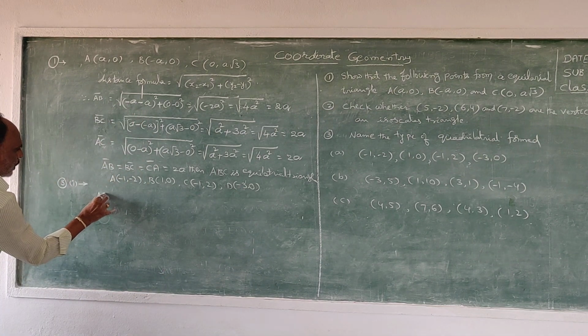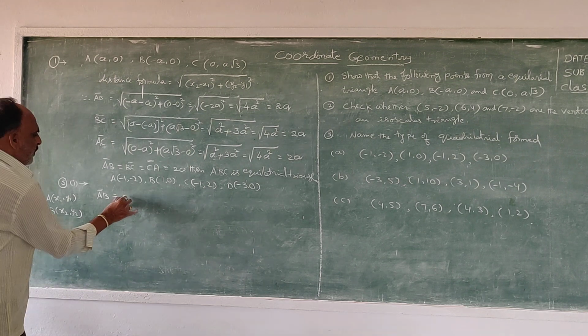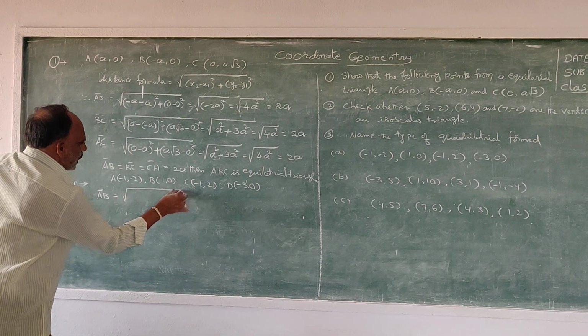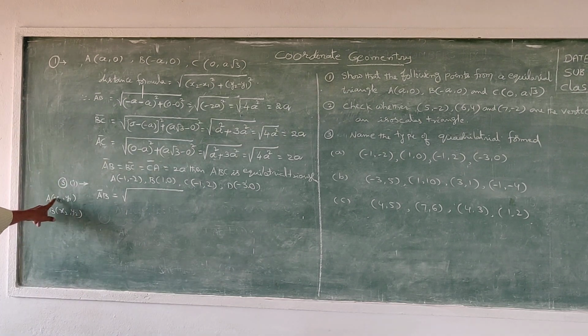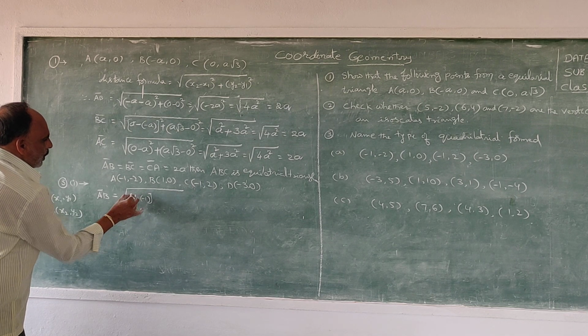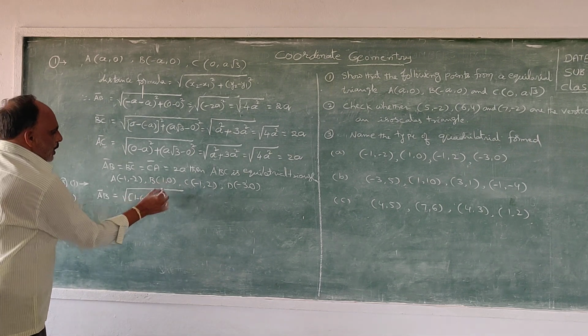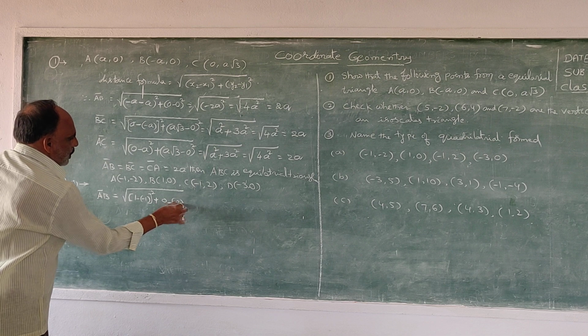Length of AB, the length of the four sides. First side, the length of AB: A is (x1, y1) and B is (x2, y2). To compare the points, square root of (x2 minus x1), so 1 minus minus 1, whole square, plus (y2 minus y1), 0 minus minus 2, whole square.